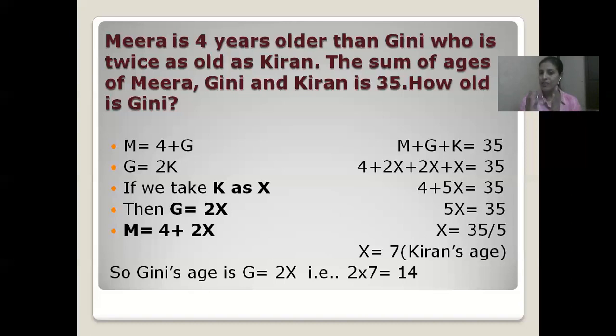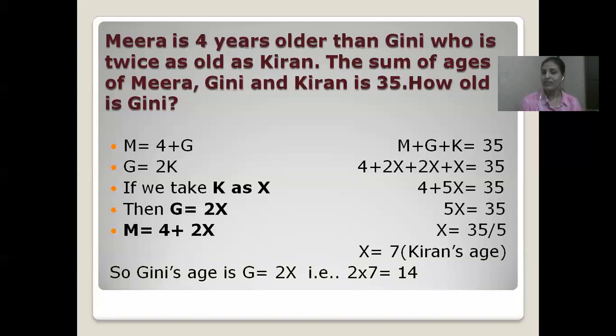So that is 4 plus 2x plus 2x plus x equal to 35. Then 2x plus 2x plus x is 5x. So 4 plus 5x equal to 35. 5x equal to 35 minus 4. Then x is 35 by 5. So the value of x, or Kiran's age, is 7.